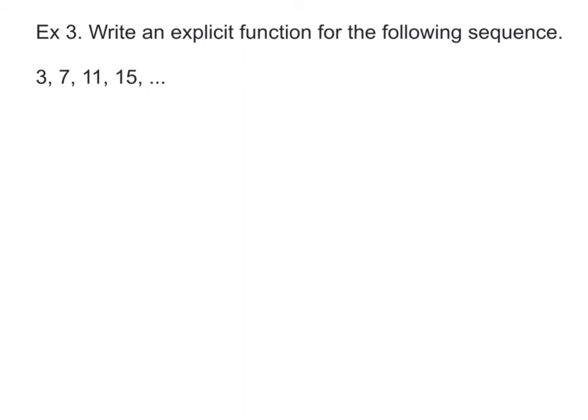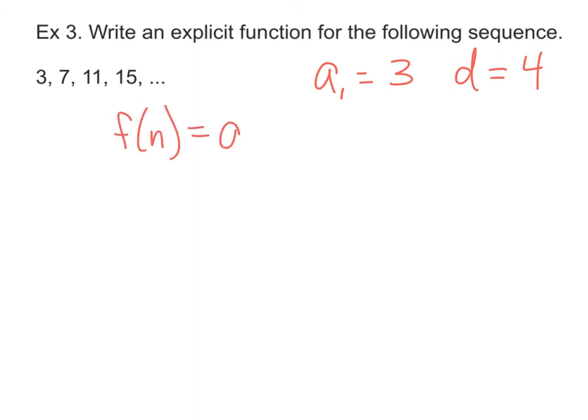All right, example 3 said write an explicit function for the following sequence: 3, 7, 11, 15. So I went straight into formula mode because, again, I know my a sub 1 is equal to 3, and I know my difference. I'm adding 4, and notice I'm adding, so it's arithmetic. So I went to the formula, which is f of n is equal to a sub 1 plus d times n minus 1.